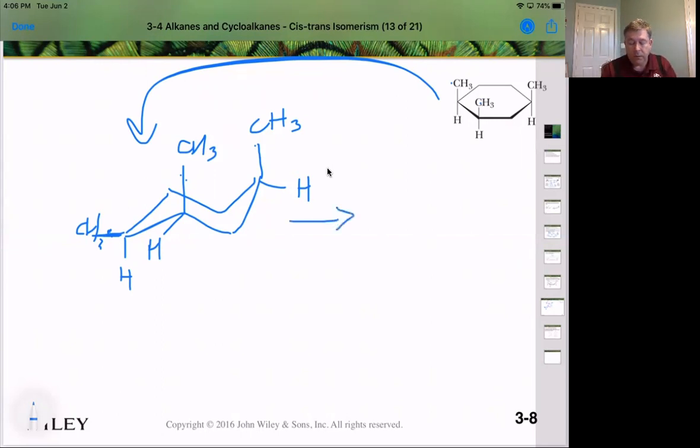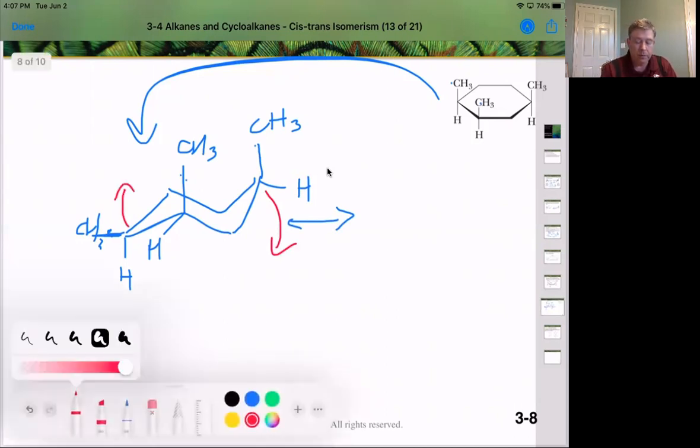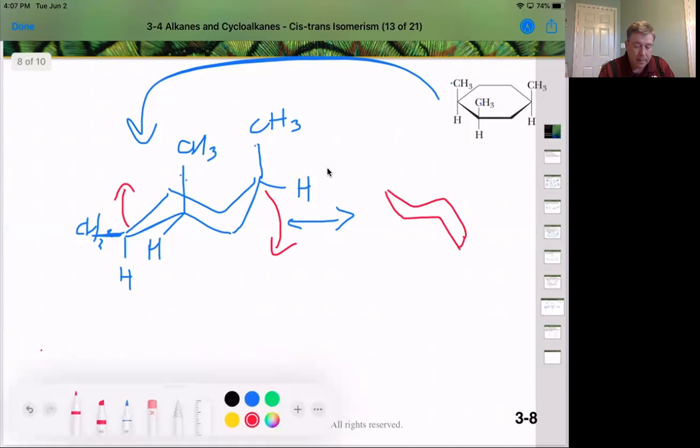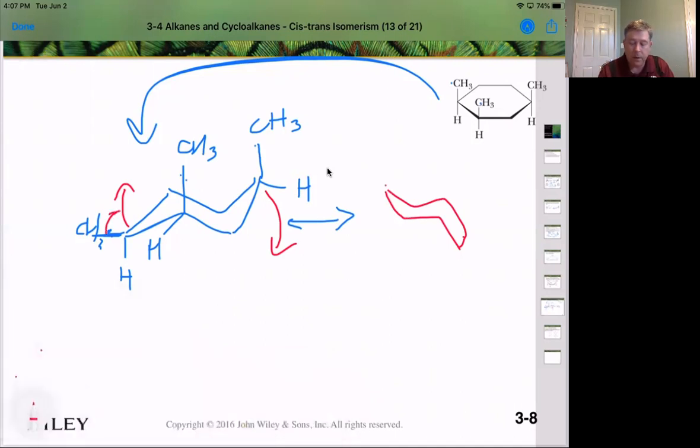So what we're going to do is take this thing and put this side down and this side up to get to the other configuration here. So when we do that, we'll end up with a configuration that looks like this, because that side went up and that side went down. And so in this case, this methyl group is going to come up to our axial position right here.